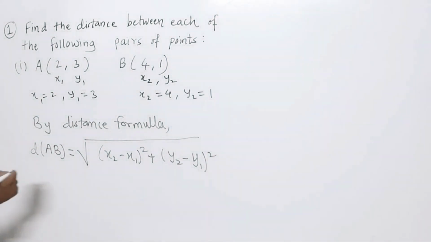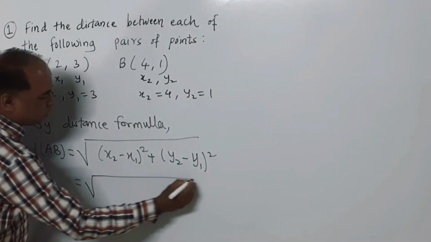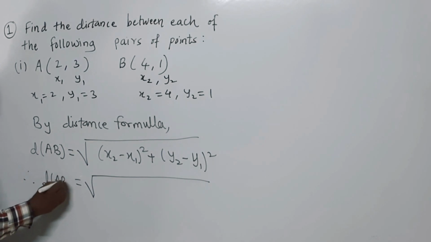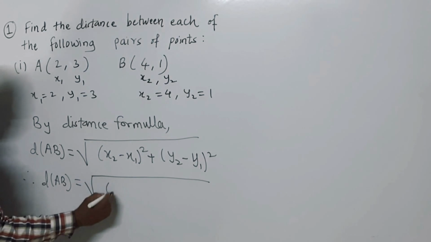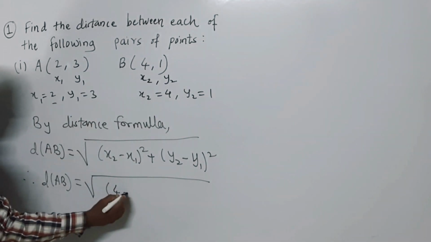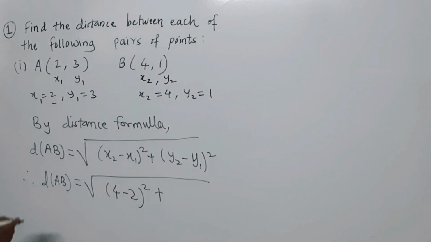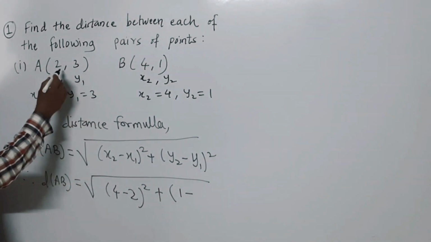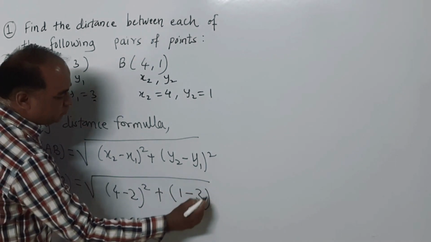Now substitute the values of x1, y1 and x2, y2. Therefore distance AB is equal to under root (x2, that is 4, minus x1, that is 2) bracket square plus (y2, that is 1, minus y1, that is 3) bracket square.